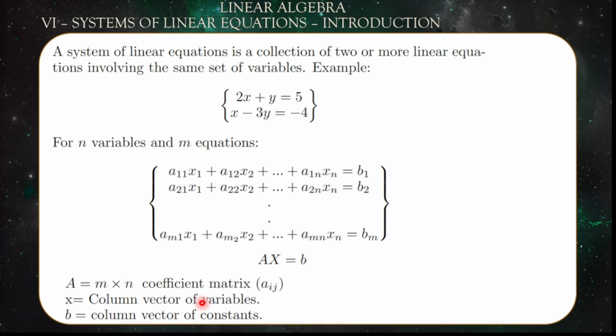X is the column vector of variables containing x1, x2 all the way to xn, and B is the column vector of constants, which is the result part of the equations. In this case, it would be a column vector containing 5 and minus 4 respectively.